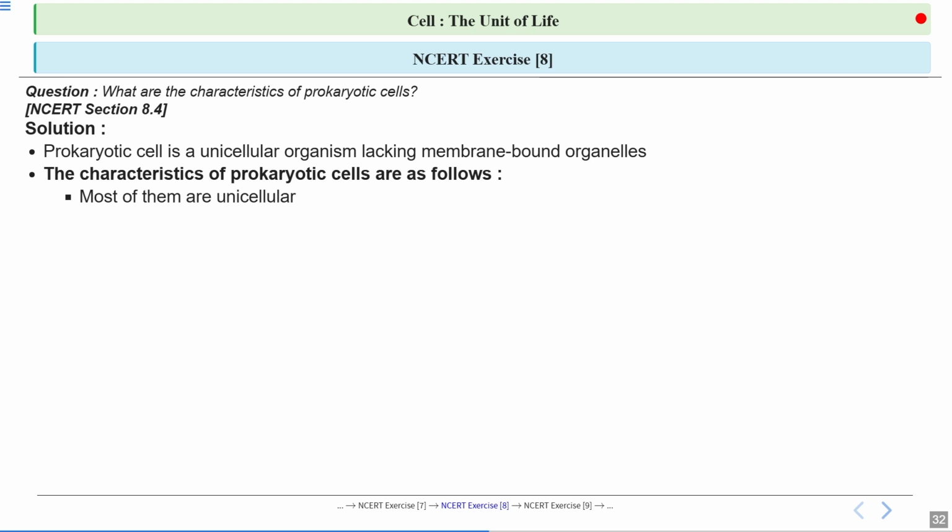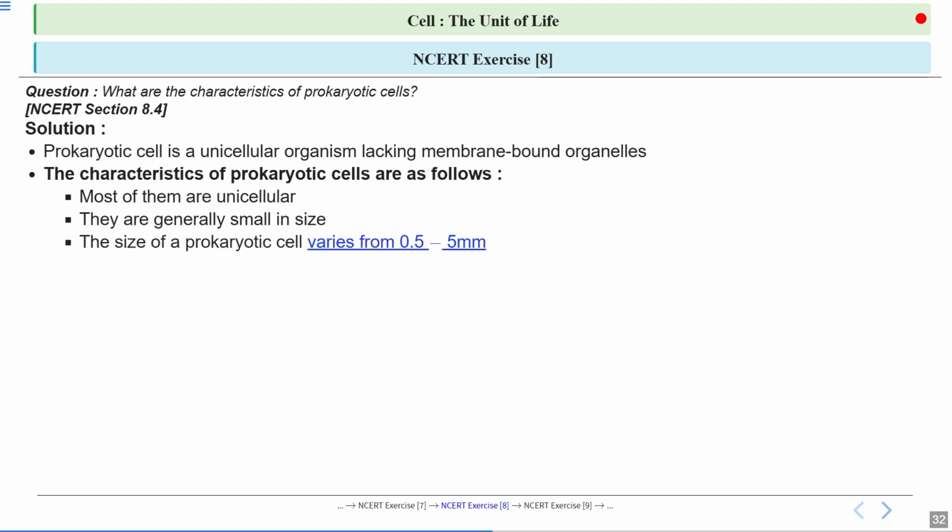So prokaryotes are unicellular, single-celled, and generally small in size. They have a very simple organization. Instead of a nucleus, they have a nucleoid. The nucleoid is a region where the DNA is present.